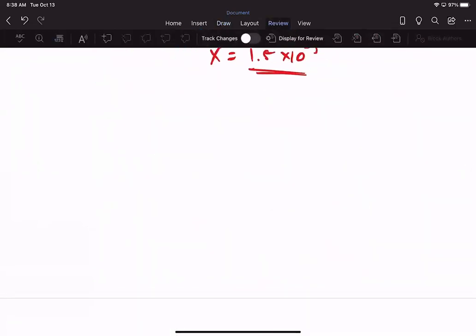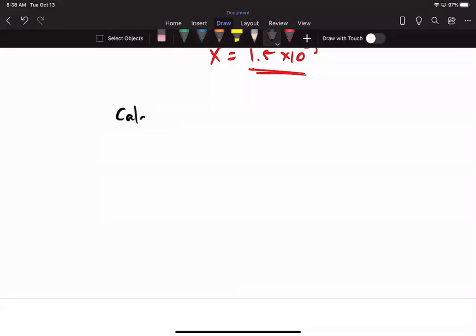So let's calculate KSP from what we call gram solubility. And the whole reason why we're even doing this is that we're going to eventually predict solubility. If I put these two together, is it going to precipitate or not?